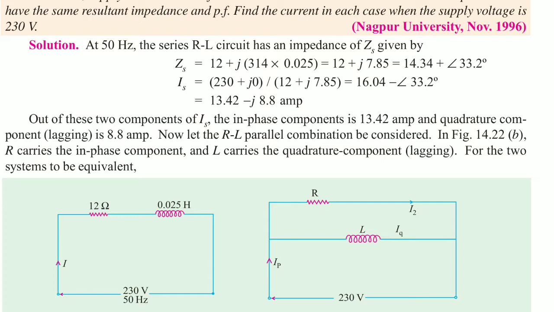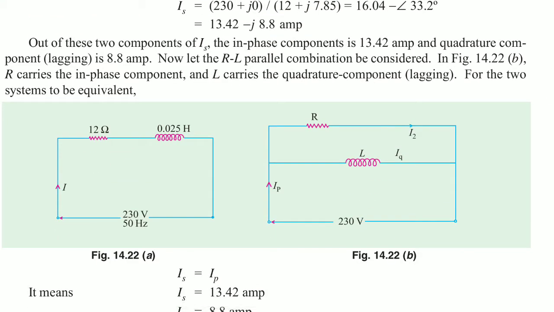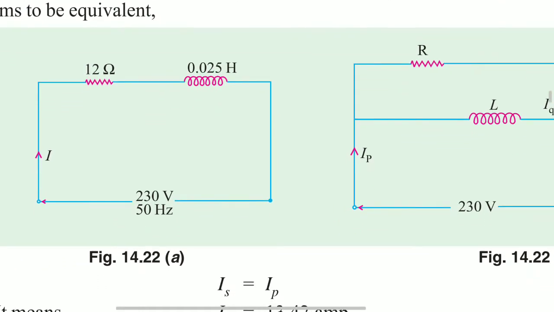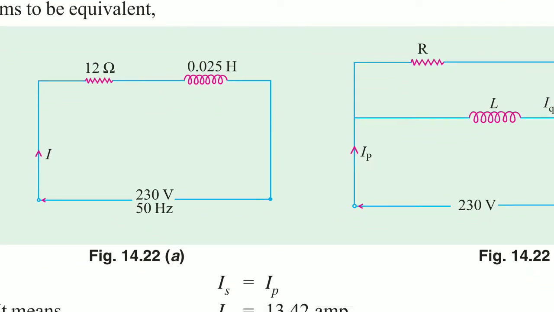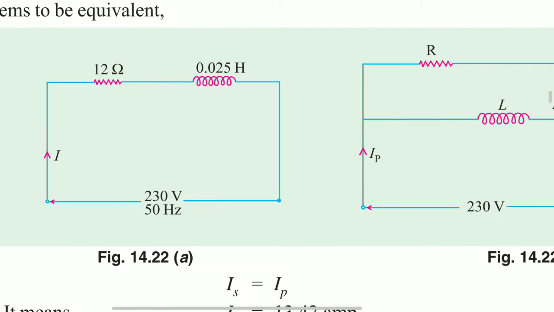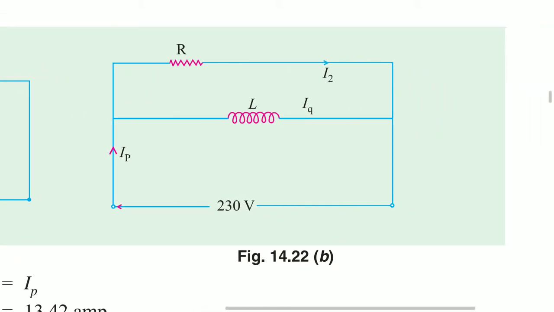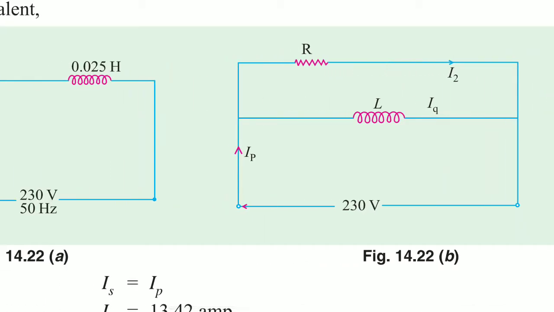Here, observe this circuit: 12 ohms, 0.025 H and 230 volts, and this is a parallel circuit with currents I2, IQ, IP.